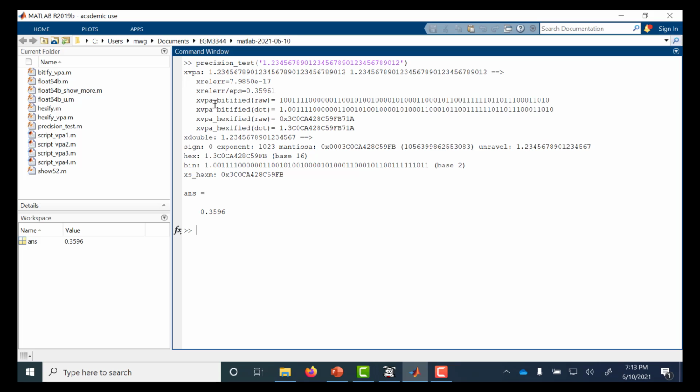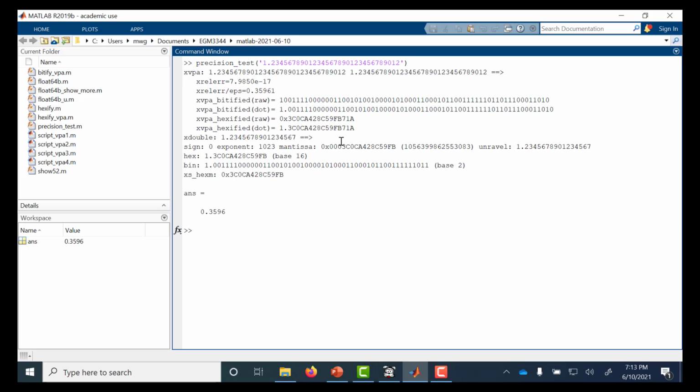Then it does the VPA bitified, the raw without the decimal, the bitified with the decimal dot between them, and then the hexify raw, and then it shows it with the leading one and the decimal.